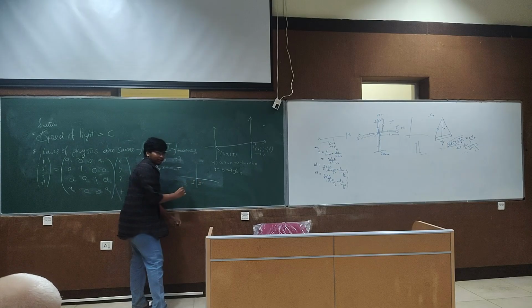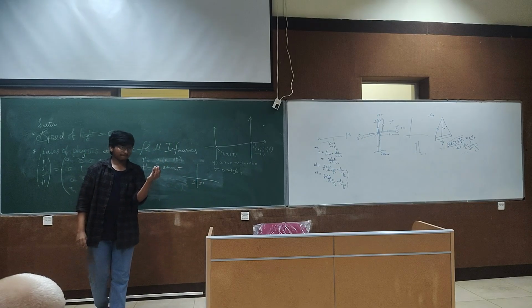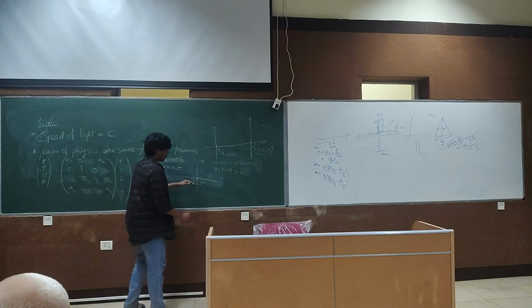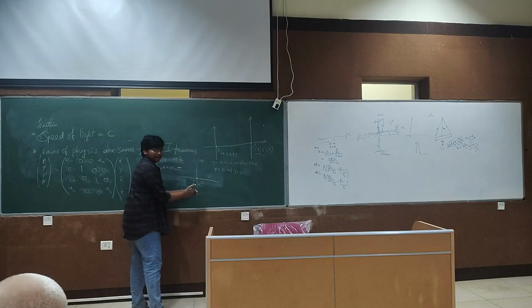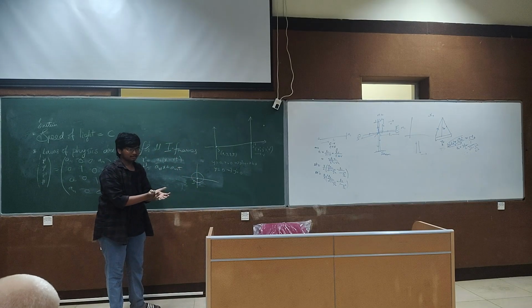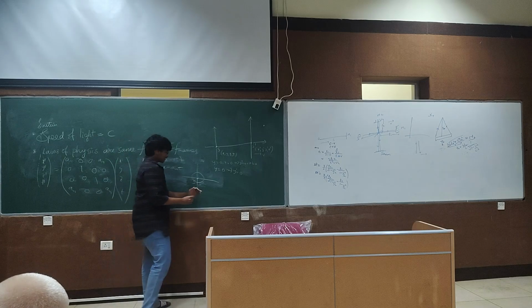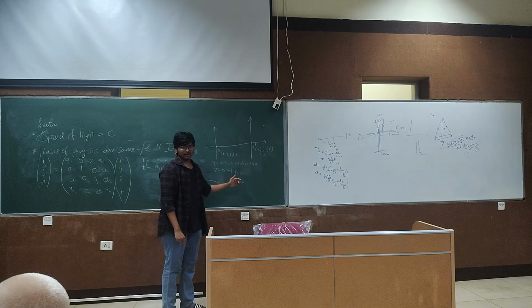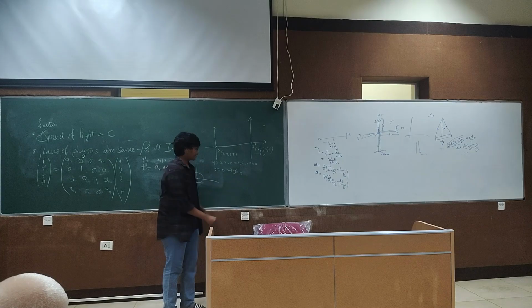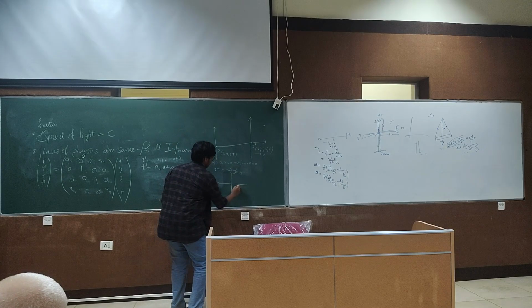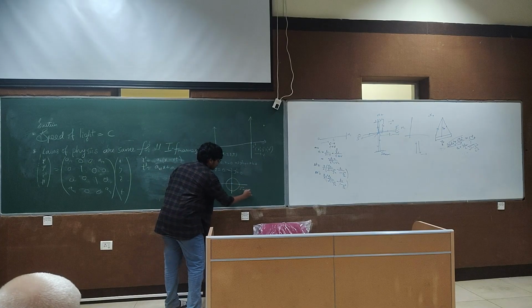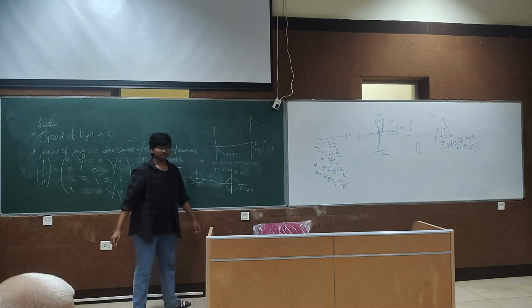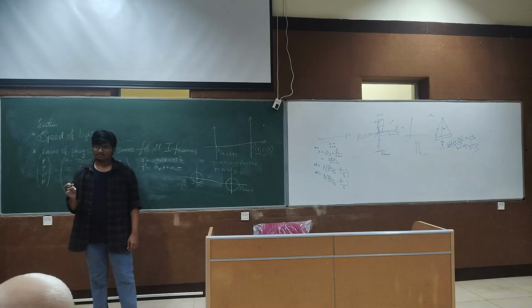And then at the origin you keep a point source of light. This should give you, in S frame, a sphere of light. Since the speed of light is the same in all directions, in S prime frame also, you should see the same sphere in S prime frame, which is moving at a speed v. All of you, do you get it?